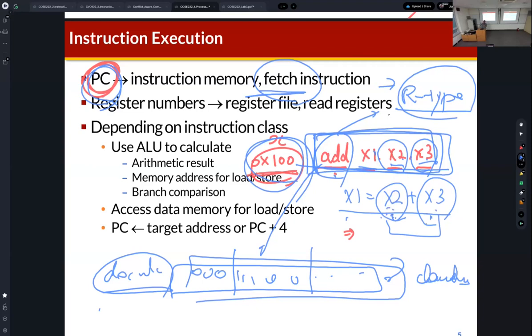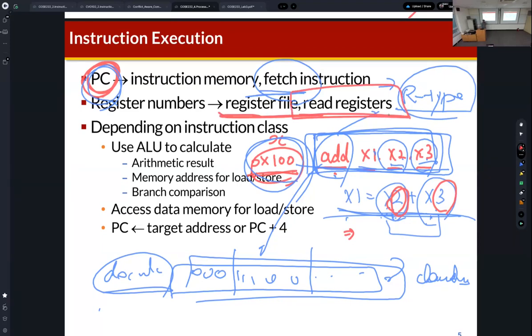The registers are very small memory inside our processor, so the data are stored in registers. In order to perform this operation, the data needs to be read from the registers using the register number. So register reading is also required.